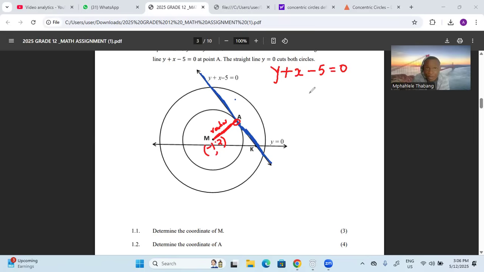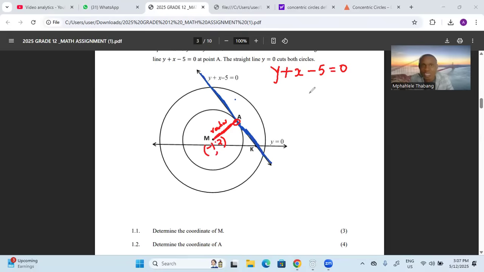It is not given, which means we have to find it. It's very important to know how to find the equation of a line. Remember, to find the equation of a line, you need a point along that line, and you also need the gradient of that line. So we need the gradient of the line MA. How are we going to find it? Don't worry, it's easy.